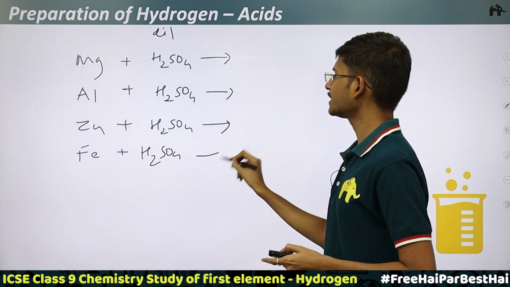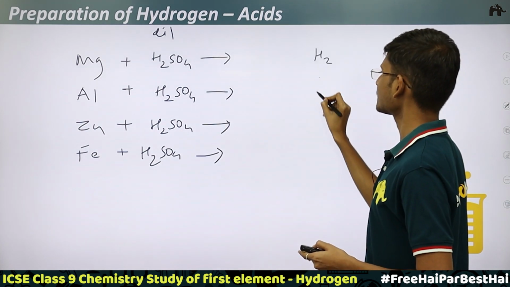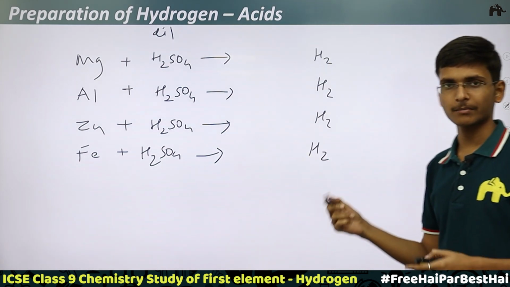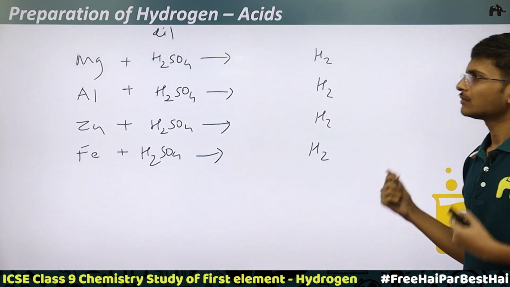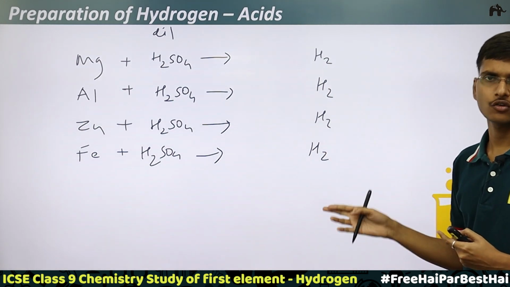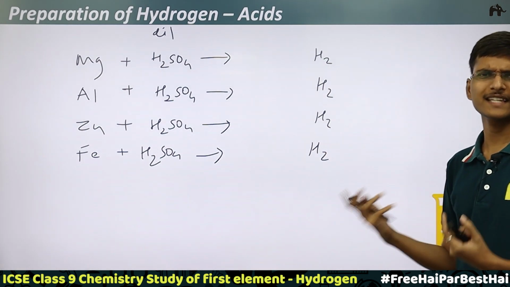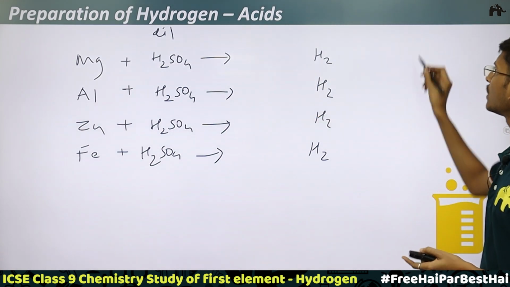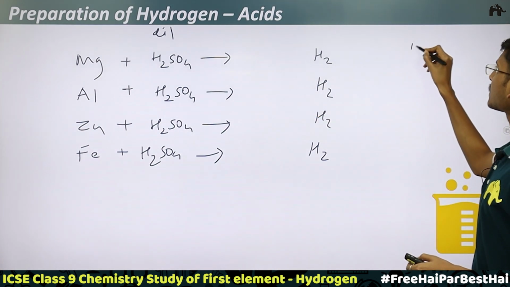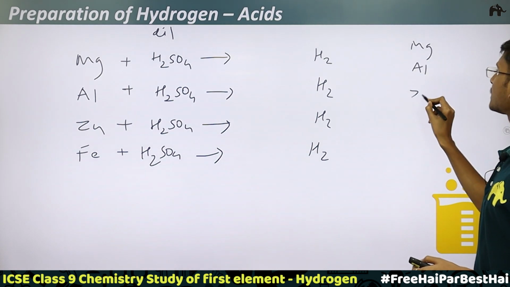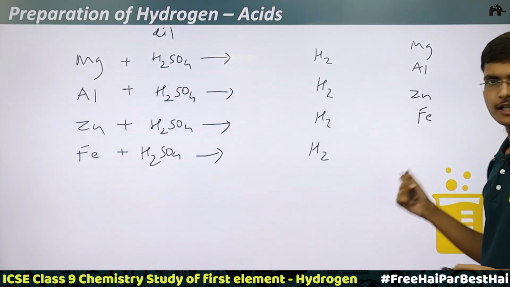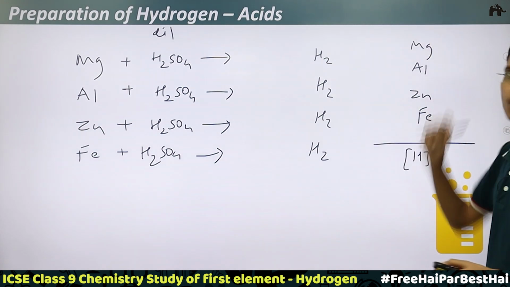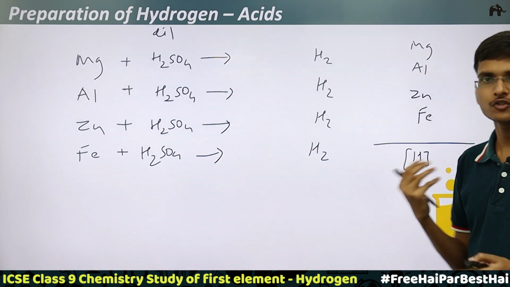All of them would definitely give us hydrogen gas. Why am I saying this? Because the 4 elements which we have picked up as examples for the reactions of metals with sulfuric acid and hydrochloric acid, magnesium, aluminium, zinc and iron, are all above hydrogen in the activity series. So they would definitely react with these 2 acids.